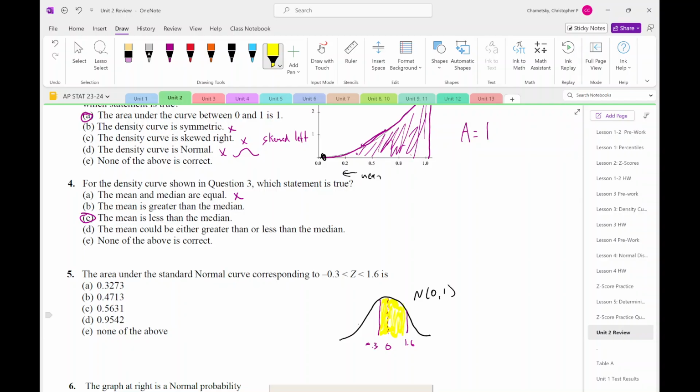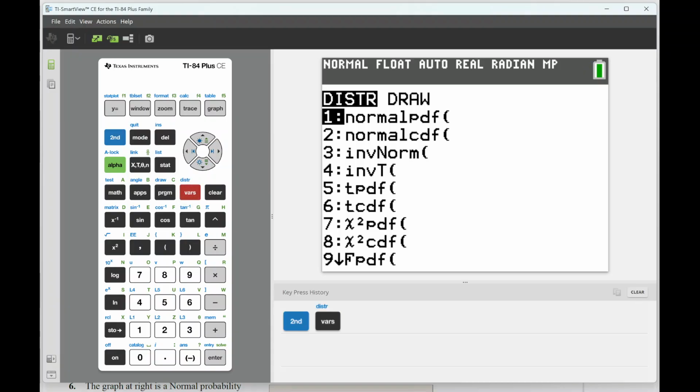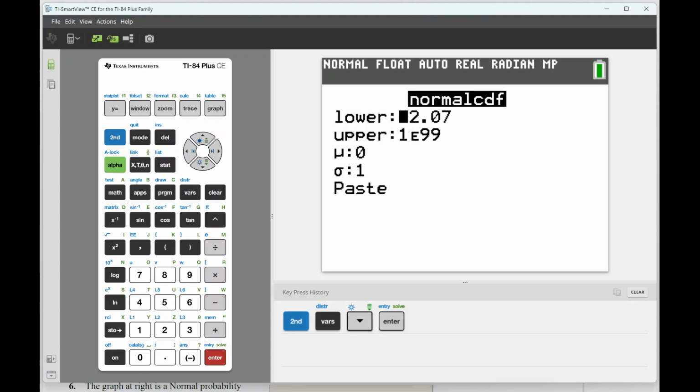Okay. How can I look that up? Well, there's two ways. I could use my calculator, or I could look up in the table A. So in our calculator, let's go to second distribution, and we're going to go to normal CDF because we have z-scores and we're trying to find an area.